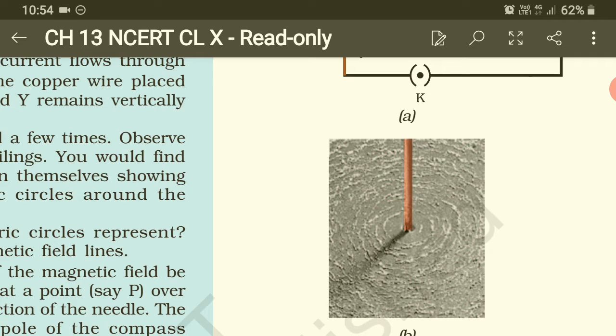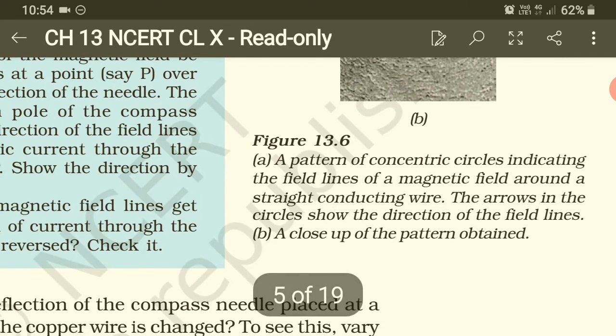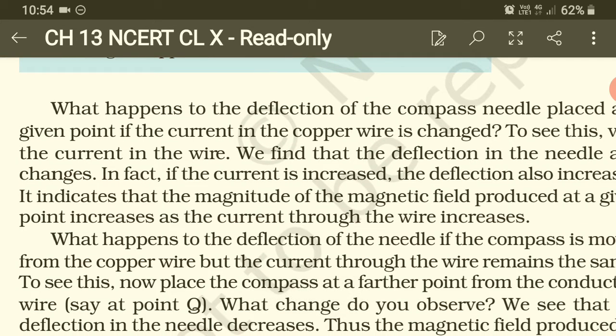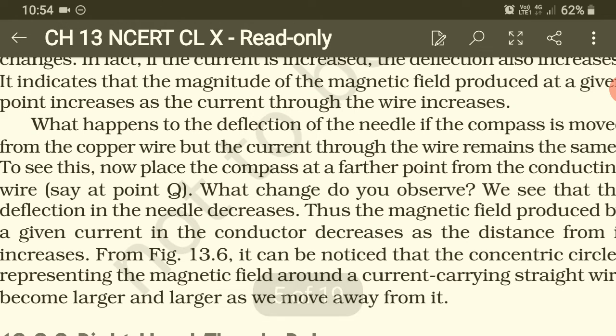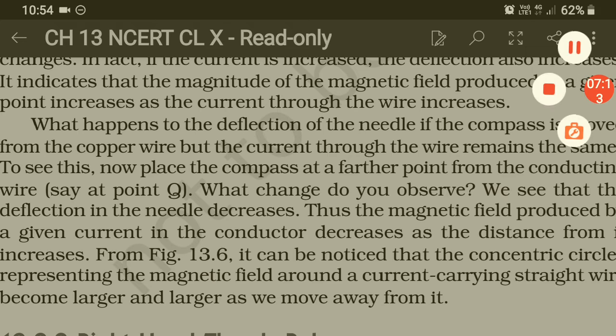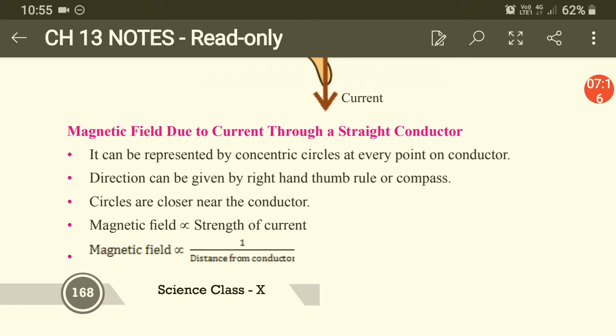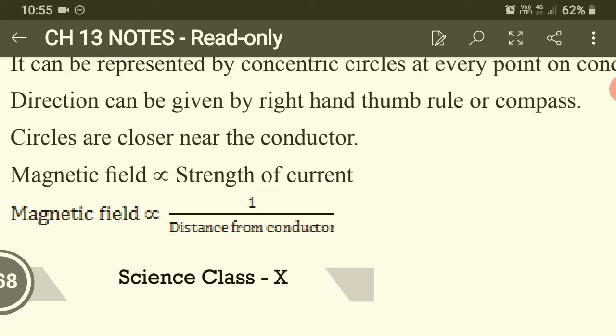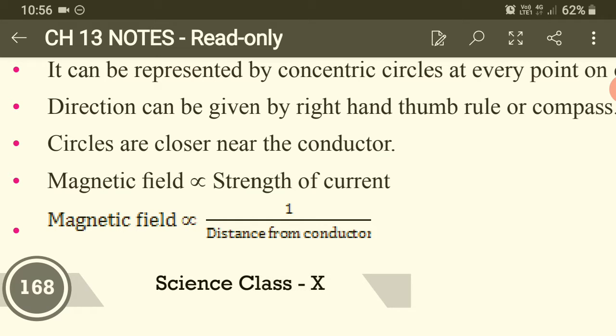So the strength of the magnetic field is inversely proportional to the distance from the wire. This way we have learned about four factors: the magnetic field is directly proportional to the current flowing through the conductor. With the help of this activity, we conclude that the magnetic field is inversely proportional to the distance from the conductor and the circles are closed near the conductor.